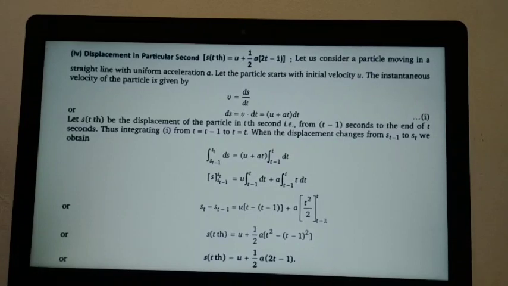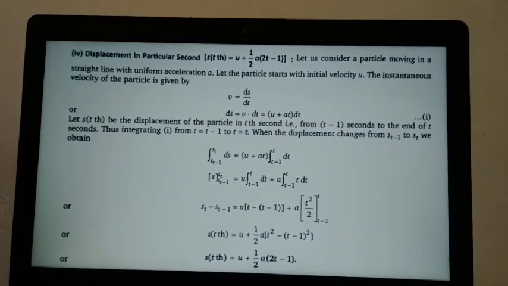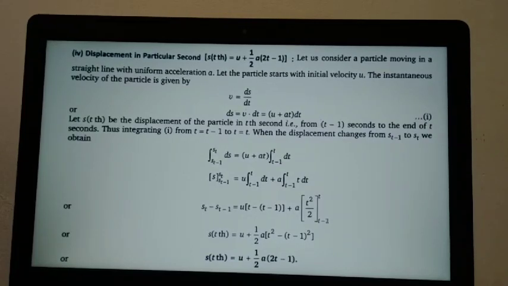When you break the bracket in the first integral on the right hand side, it will become u into (t minus t plus 1). So t minus t cancels, and the remaining is 1. So the first term will become u plus half a into [t square minus (t minus 1) square].